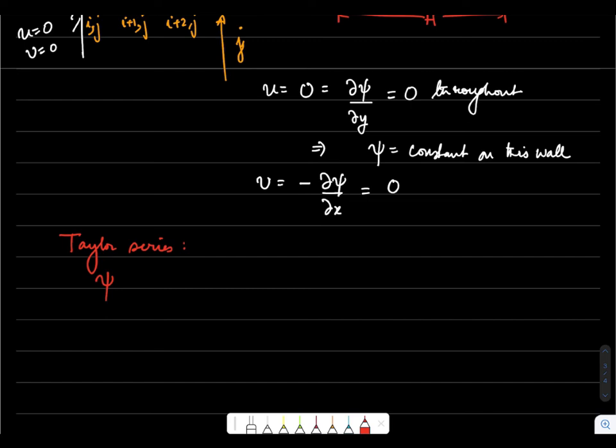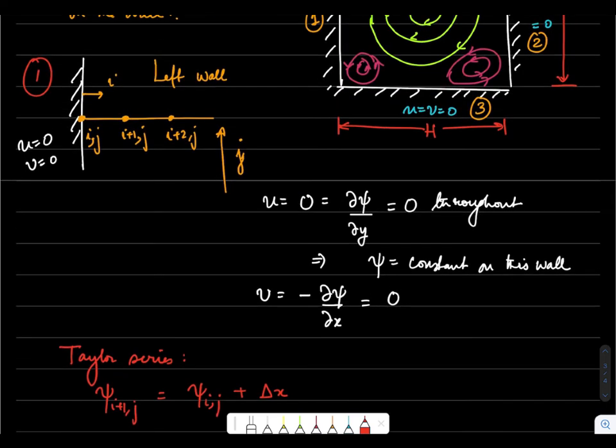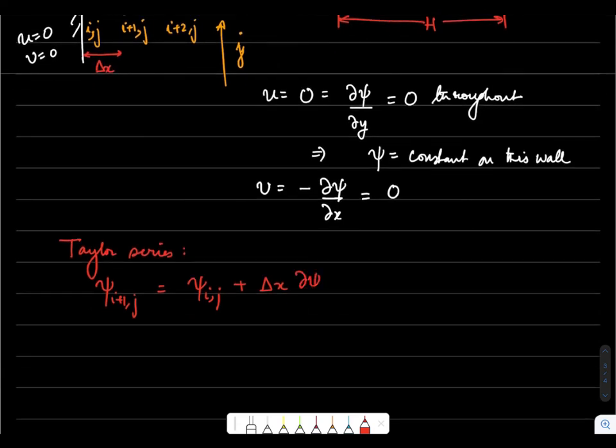So let me write psi(i+1, j), which is psi(i, j) plus, with delta x being the spacing, delta x times d psi/dx at (i, j), plus delta x squared by 2 times d2 psi/dx squared at (i, j), plus order delta x cubed terms and higher.